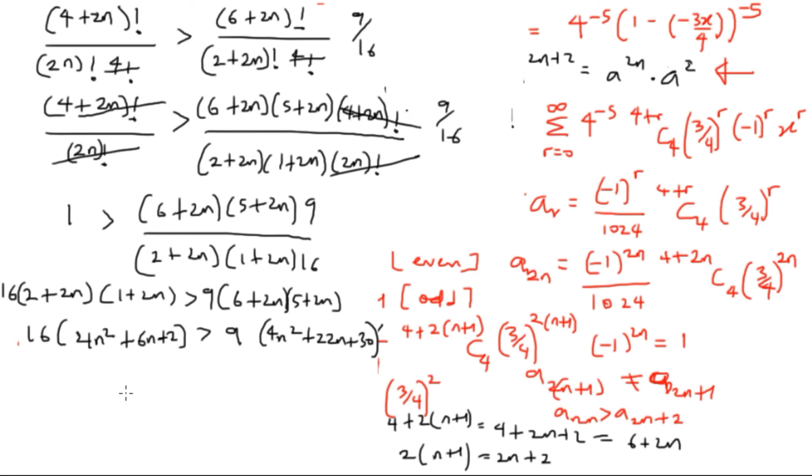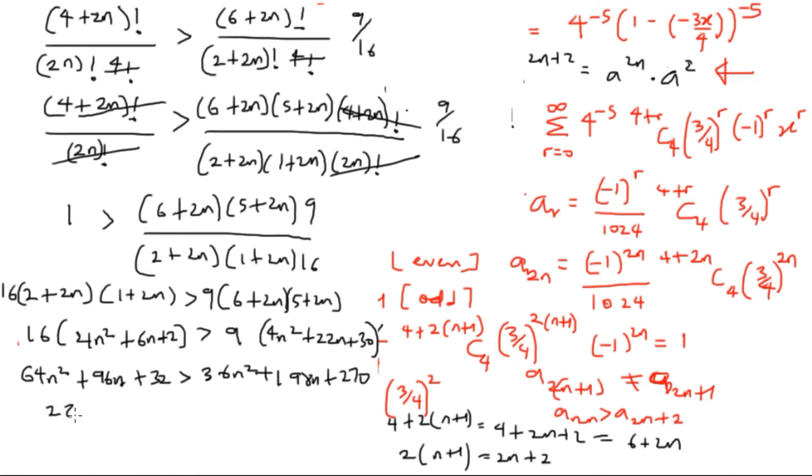Okay, and of course if I expand throughout, 6 times 4, that's supposed to be 64n squared, plus 96n, and of course plus 32, which is greater than the next one. 9 times 4, that's supposed to be 36n squared, then plus 198n plus 270.